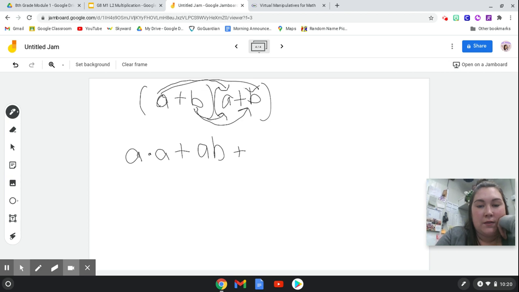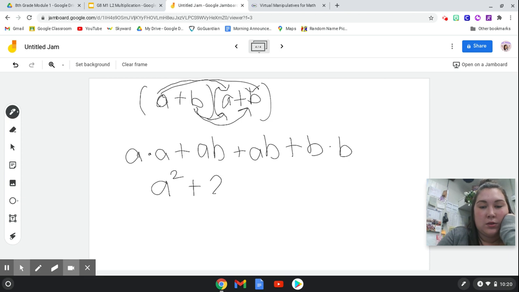So now I have another ab, and I have a b times b. So I go through and I simplify. I have a squared plus 2ab plus b squared.